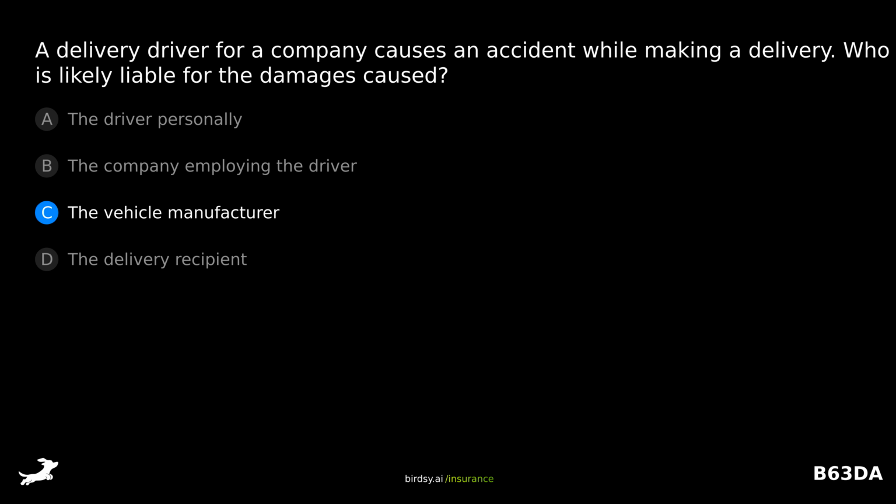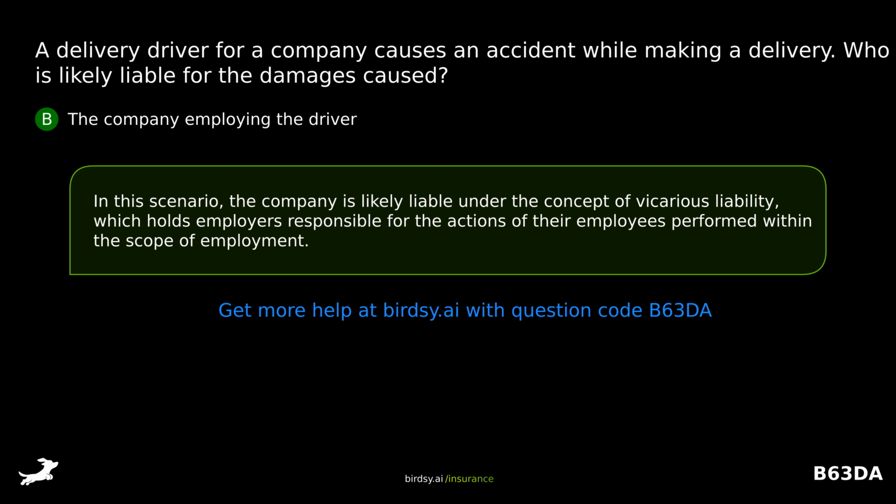C, the vehicle manufacturer? Or D, the delivery recipient? The answer is B, the company employing the driver. In this scenario, the company is likely liable under the concept of vicarious liability, which holds employers responsible for the actions of their employees performed within the scope of employment.